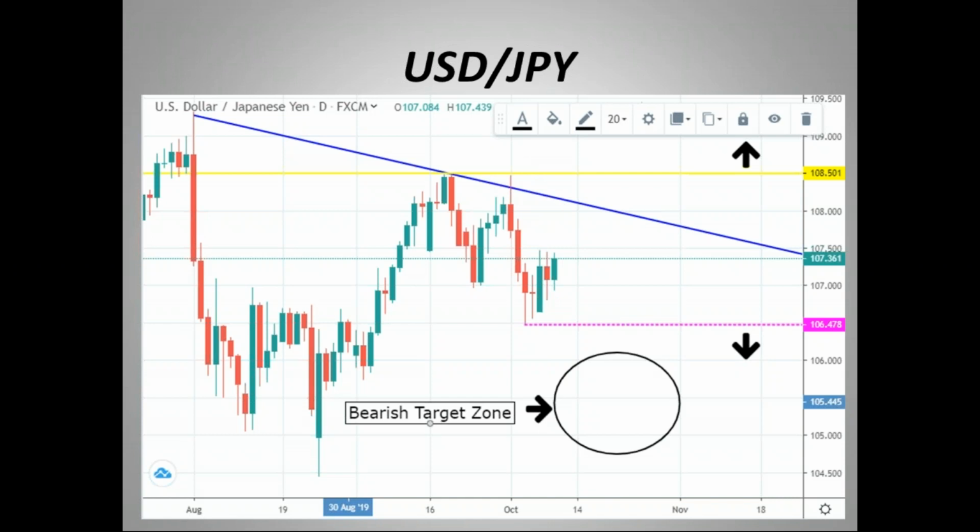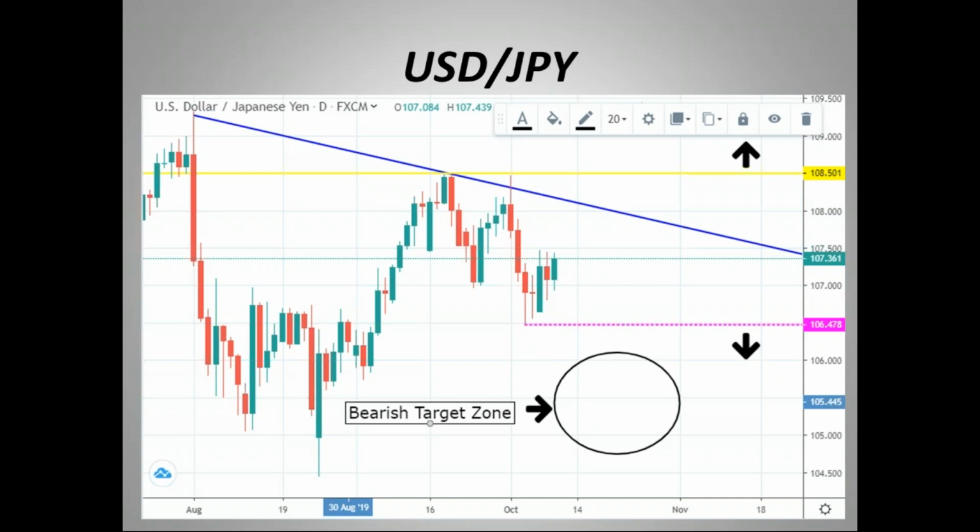So right now it's a little bit of a wide range trade here between 106.478 up to 108.501. Anything above, like I said, that 108.501 takes us off the bearish forecast for sure, and then if that situation occurs, there must be a very strong rally in the dollar index. So please key off that index.